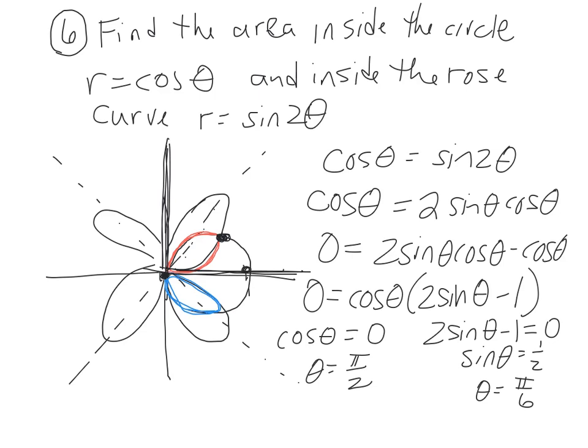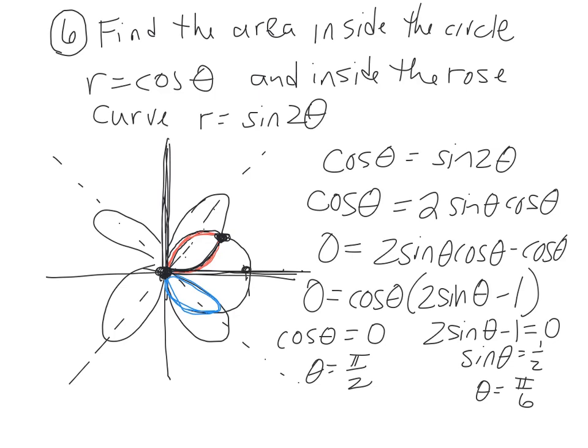So what I've got is the graphs begin together at the pole, and then it travels out along the rose curve until we get to pi over 6, and then it travels along the circle curve until we get to pi over 2.